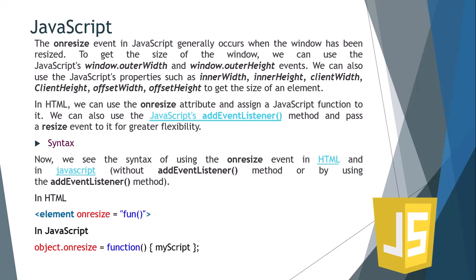In HTML, we use the element, whatever element you want to use, and use the attribute onresize and the function you want to pass. While in JavaScript, you use object.onresize and the function you want to pass.